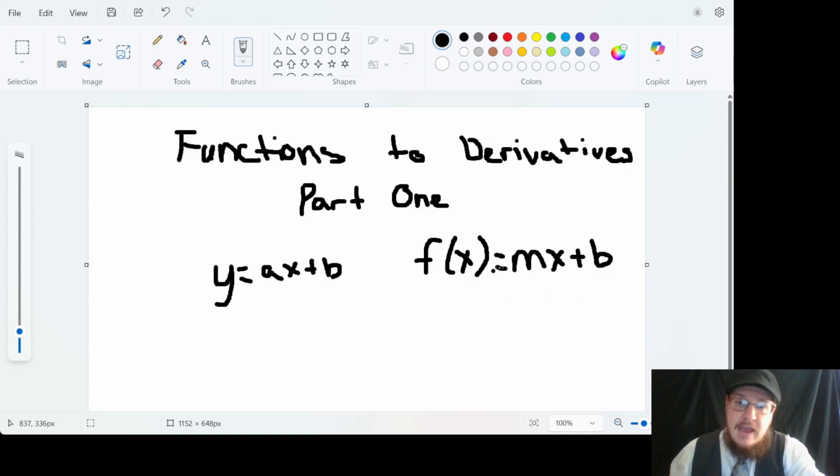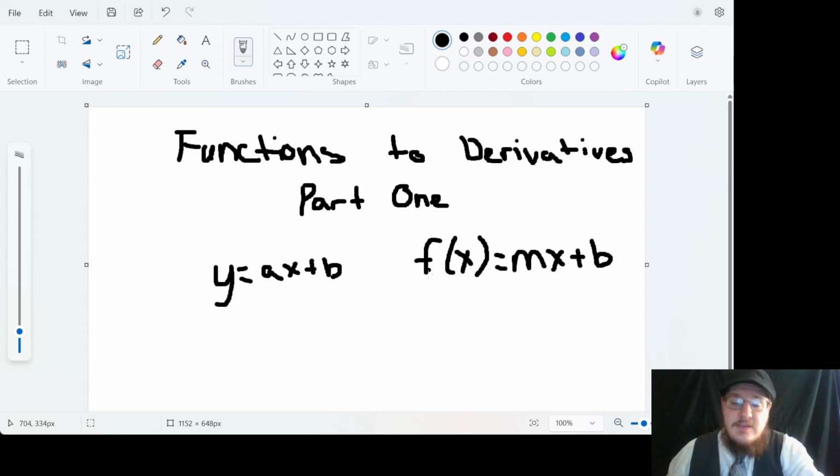Now, f of x is what we call this, the f with the parentheses around the x. We are going to take this and have this as replacing the y, okay? The m replaces the a, but it's still a constant. It's still a scale that is going onto the x value that we are working with. And then b is our, in a sense, pattern constant, which is going to stay the same no matter what we do. We are just adding it or subtracting it to what happens with the mx here.